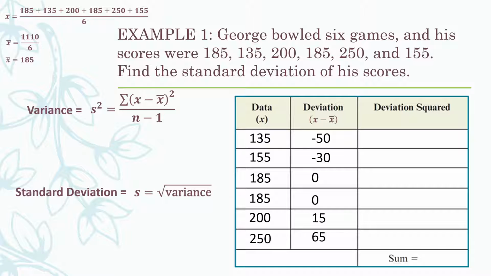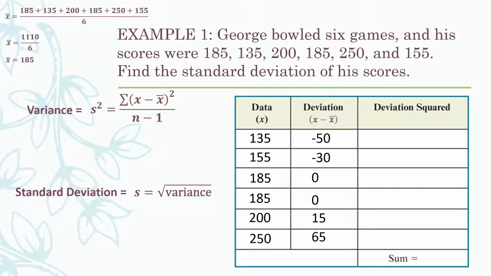Now we've finished our deviation column, which means we have figured out each one of these little deviations in this formula. So we've done this part of the formula, which is the worst looking part, so maybe that makes you feel better that we've got that part done.